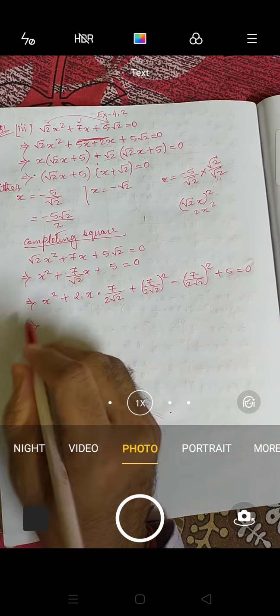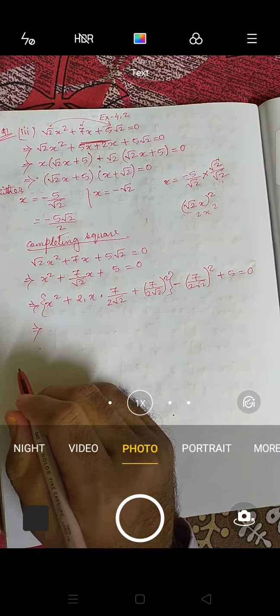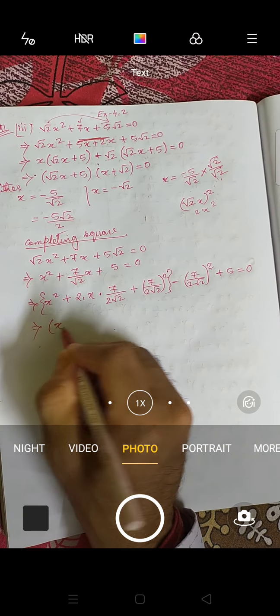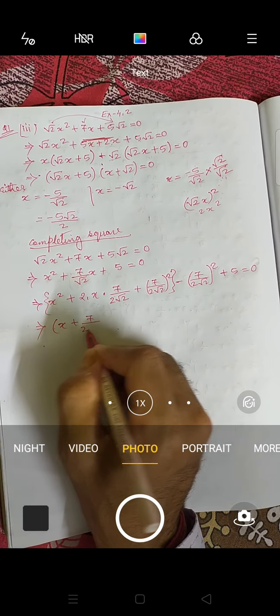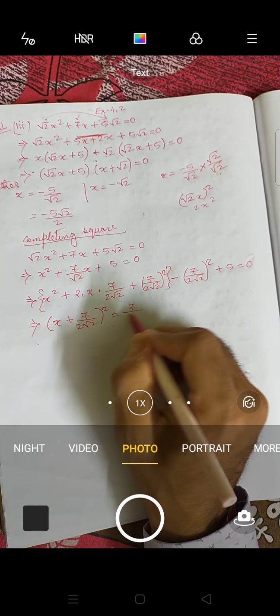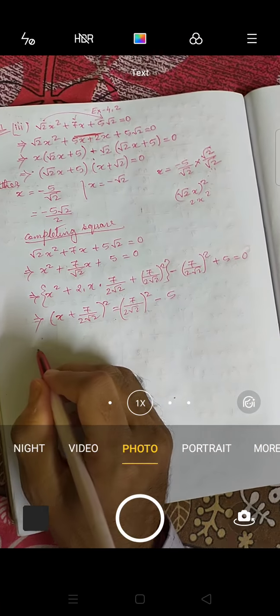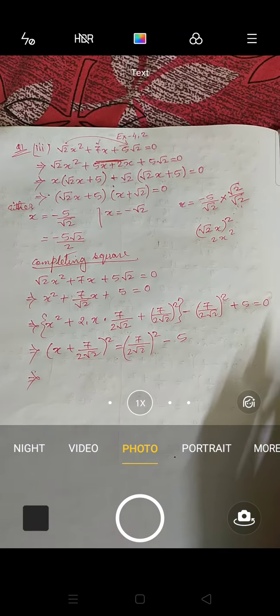Okay, so from here till here it is a perfect square. So we'll write this one as (x plus 7 by 2 root 2) whole square, and this will become (7 by 2 root 2) whole square minus 5. That means the other numbers I have taken to the right hand side. Any problem?